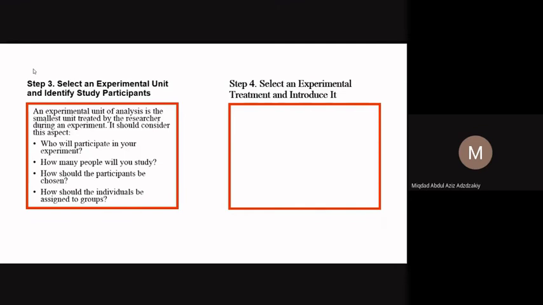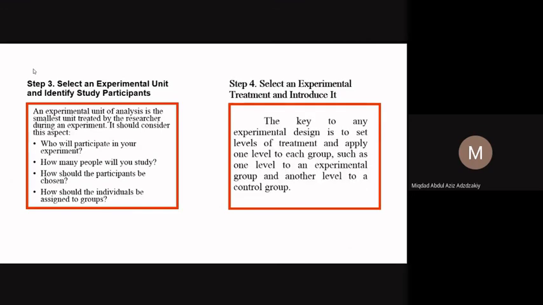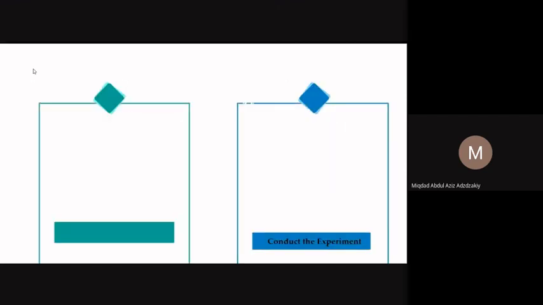And then next, step 4: select an experimental treatment and introduce it. The key to any experimental design is to set levels of treatment and apply one level to each group, such as one level to an experimental group and another level to a control group. Step 5: choose a type of experimental design.